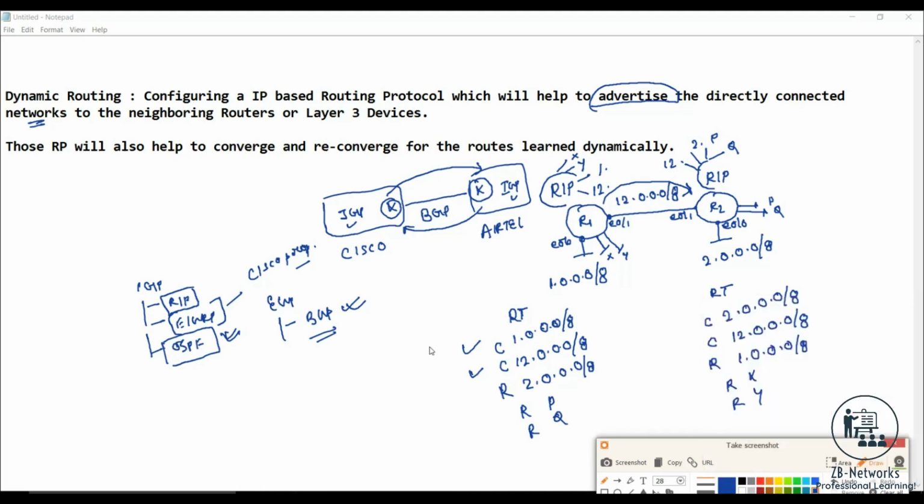Although certain new documents have been released claiming that EIGRP can be used between Cisco and non-Cisco devices, to be honest, in implementation cases you will see it only with Cisco gear. So if you have everything Cisco, then going with EIGRP is the best choice for IGP. If you have multi-vendor, where some devices are Cisco and some are from different companies, then go with OSPF because OSPF is an open standard.